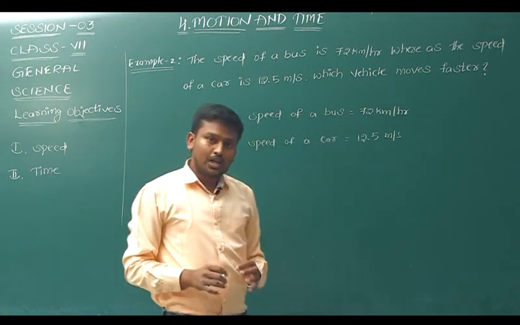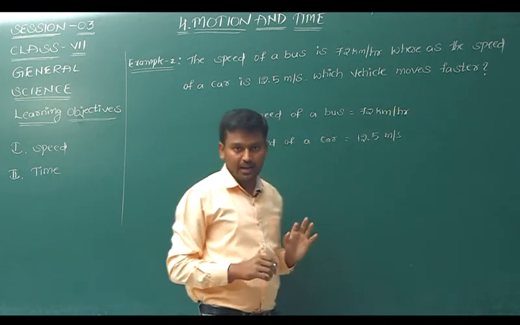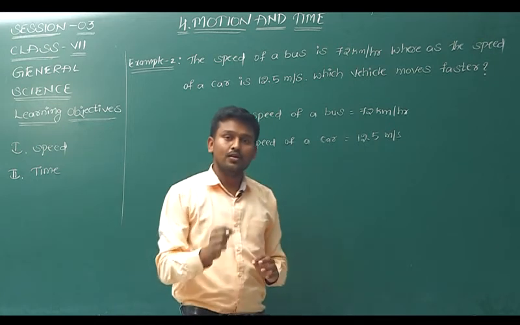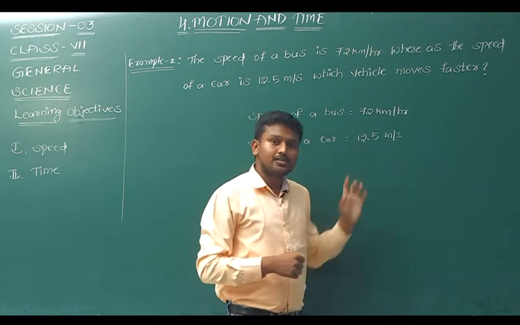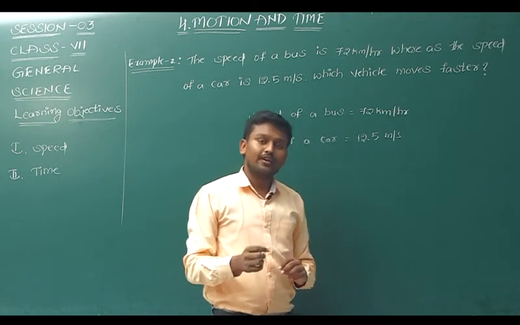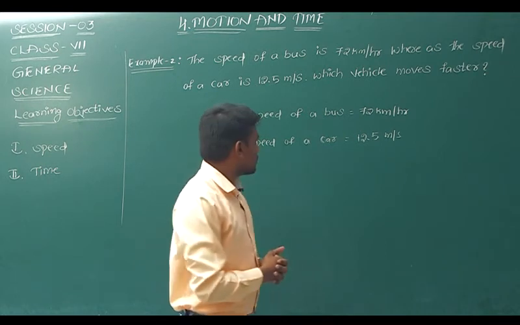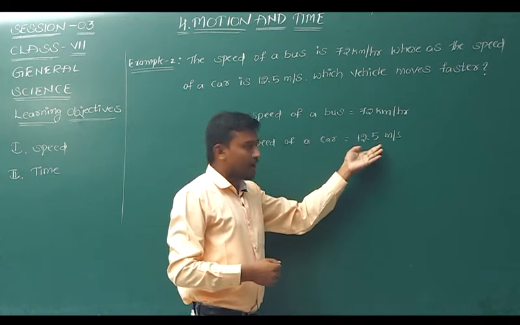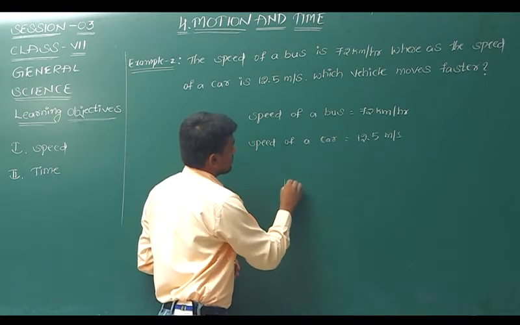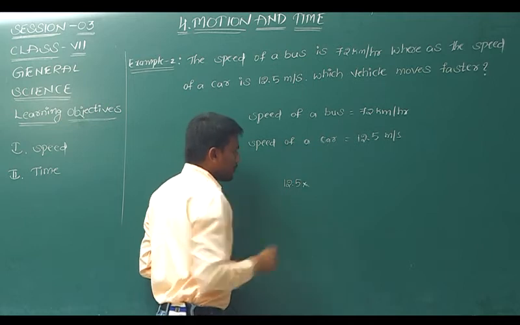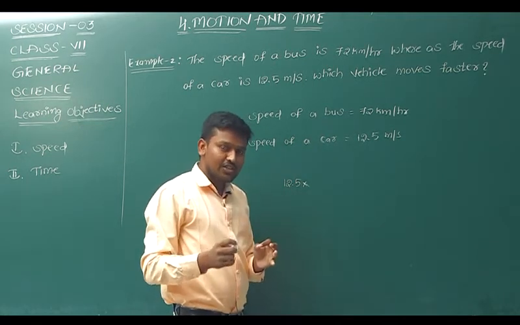And just now I told you that to convert kilometer per hour into meter per second, we have to multiply with the fraction 5 by 18, or if we are converting meter per second into kilometer per hour, then we have to multiply with the fraction 18 by 5. So let us convert this 12.5 meter per second into kilometer per hour, that is 12.5 into 18 by 5.